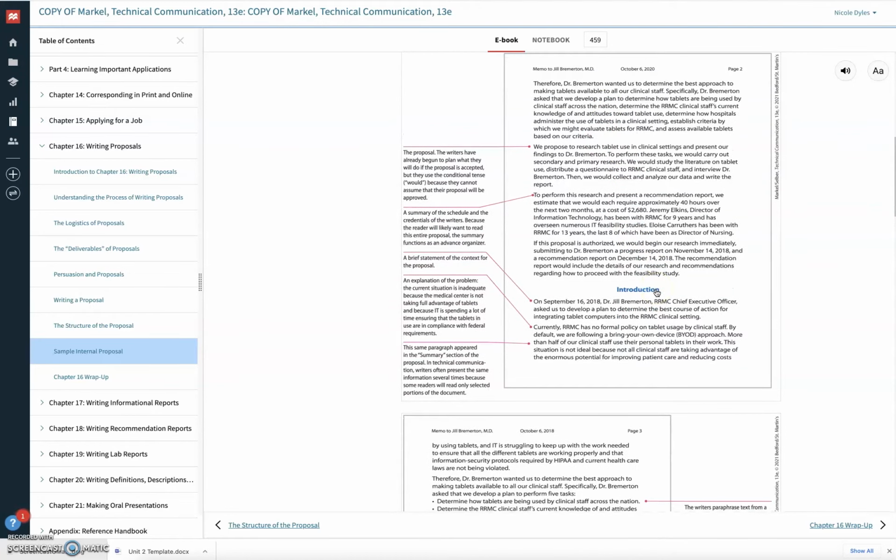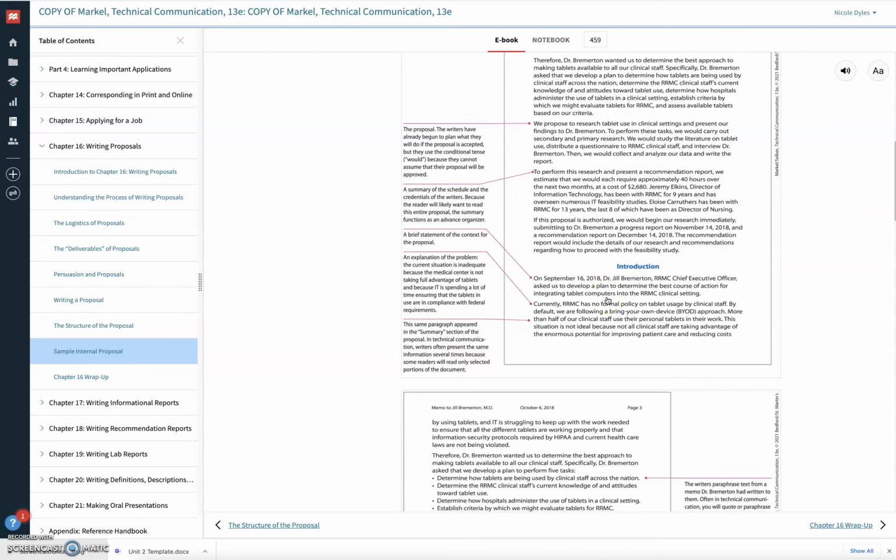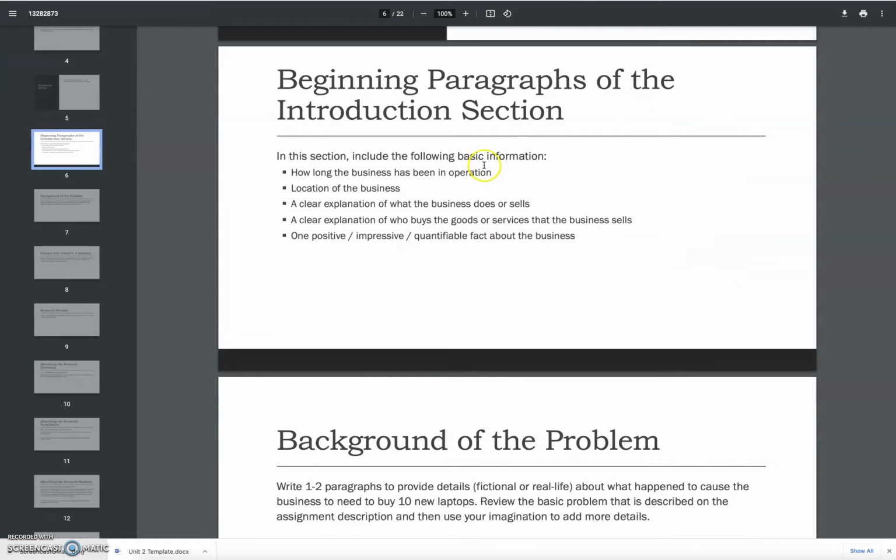You can also include it in the introduction. It's fine either way. I am looking for how long the business has been in operation, the location, an explanation of what the business does or sells, who the customers are, and some quantifiable fact about the business.